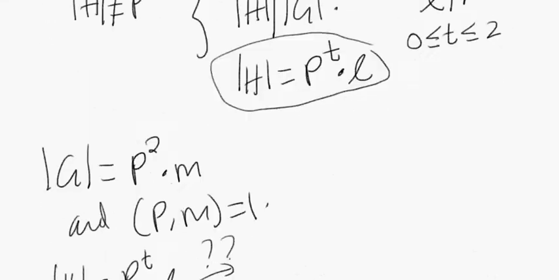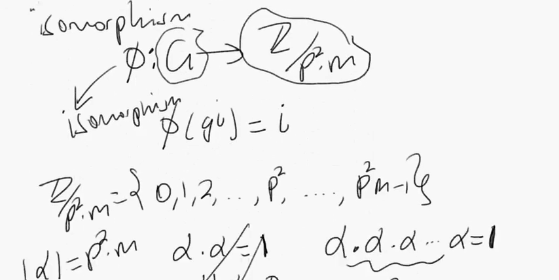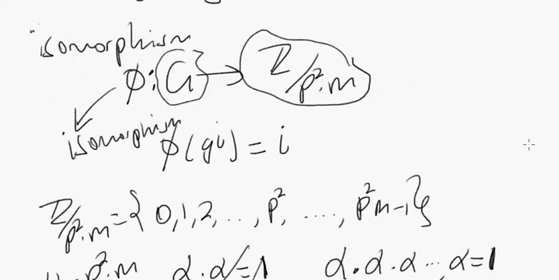And if G is cyclic, doesn't that mean that G is isomorphic to Z mod p squared m? And if two groups are isomorphic, isn't it true that if one of the groups has an element of a given order, the other group has an element of that order?